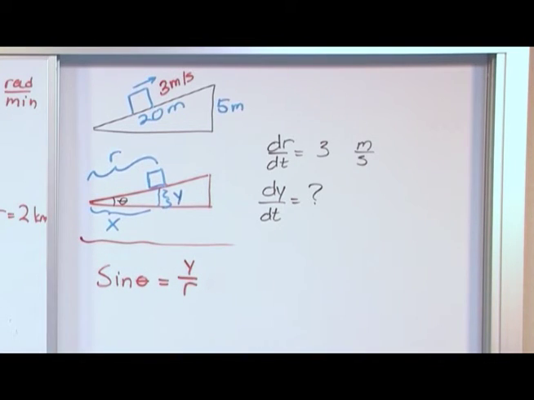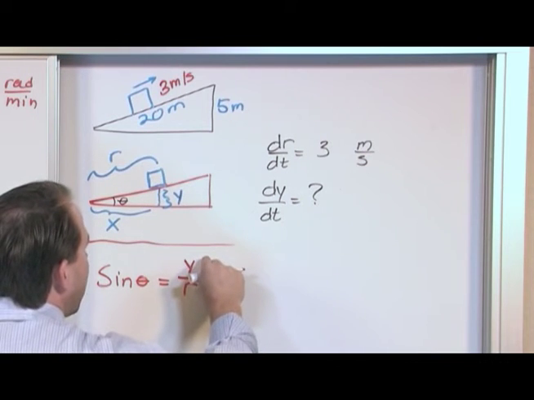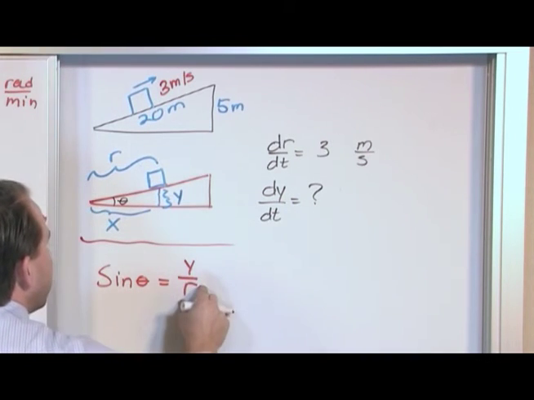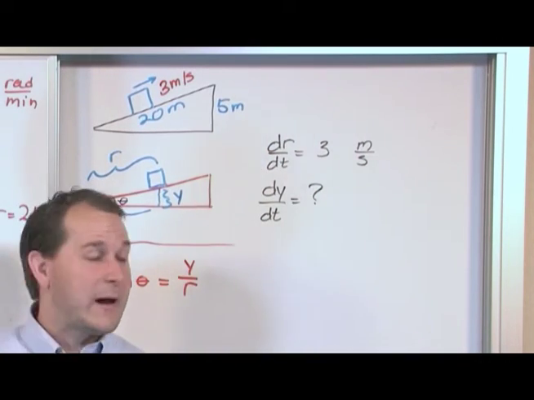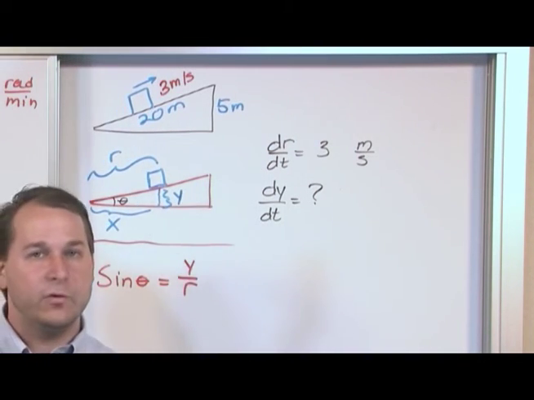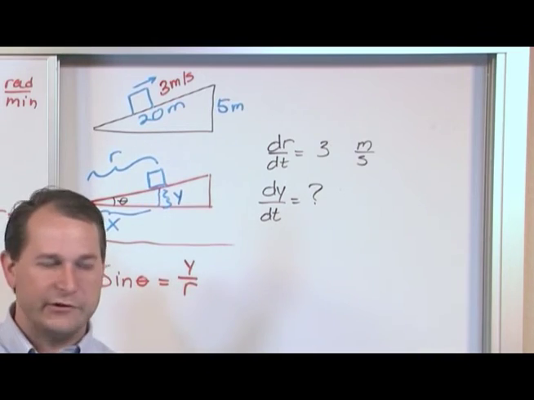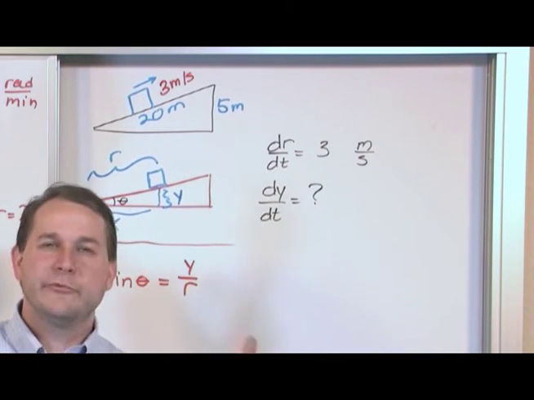Now you might think that's not a very smart way to go because you've introduced the angle theta. But the plus side is that I have y involved, and I'm trying to find dy/dt, and I have r involved, and I already know dr/dt. So when I take a derivative, I'm going to get dy/dt and dr/dt in this equation, both of which either I know or I'm trying to find.